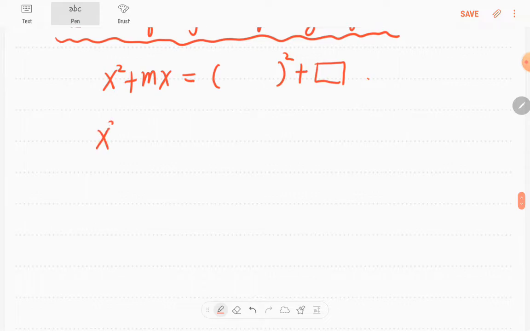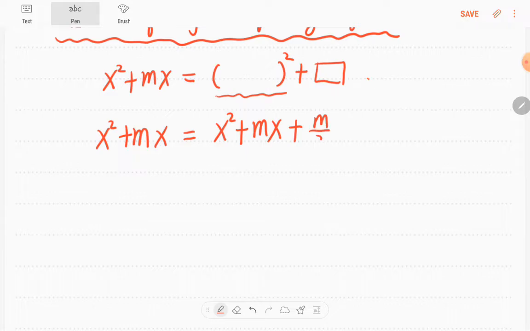Let's look at this one. The idea is we add one term, then subtract the same term. It will not change anything. However, if you do that, you may form a complete square. So we add a term which is (m over 2) squared. No matter whether m is positive or negative, it doesn't matter because the square is always positive.